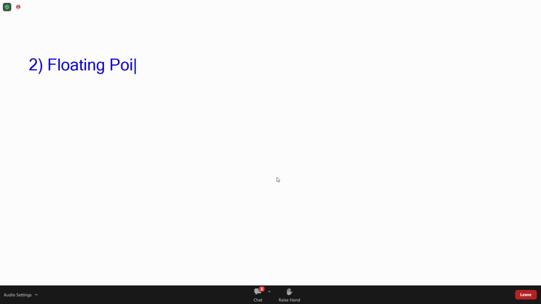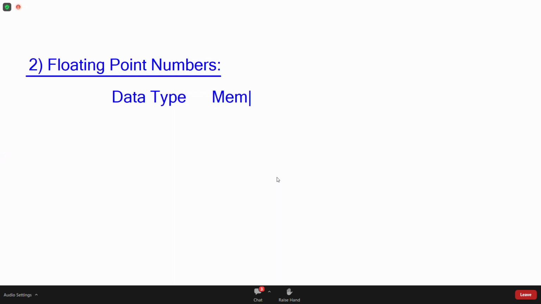Second category, floating point numbers. Data type, memory size, range.